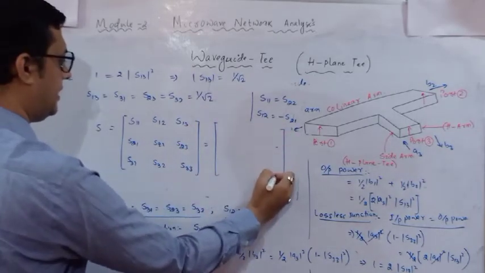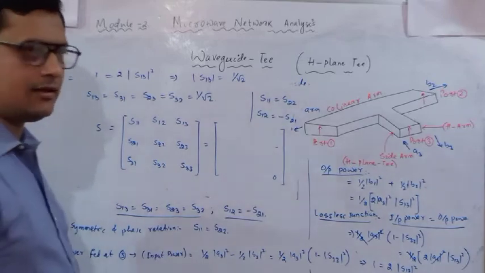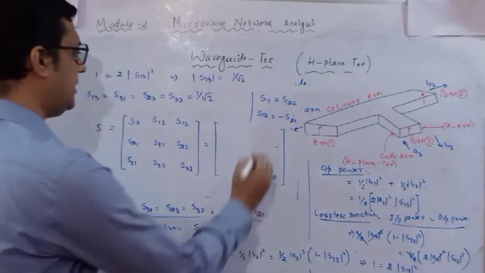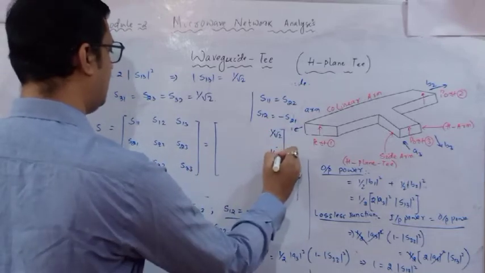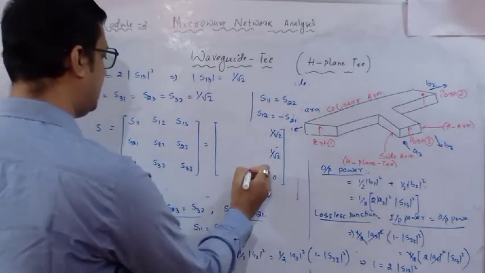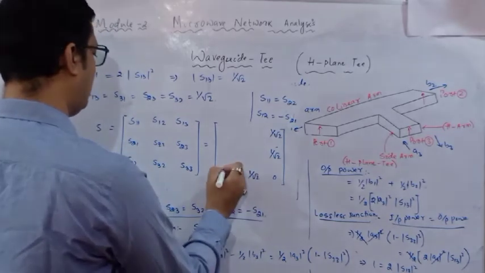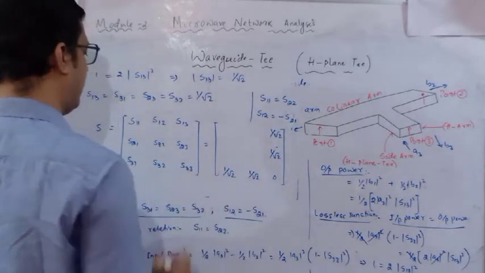So S33 is 0, perfectly matched. Next S13 is 1 by root 2, S23 is also 1 by root 2, S32 is also 1 by root 2, S31 is also 1 by root 2.